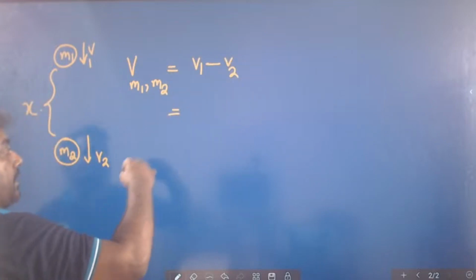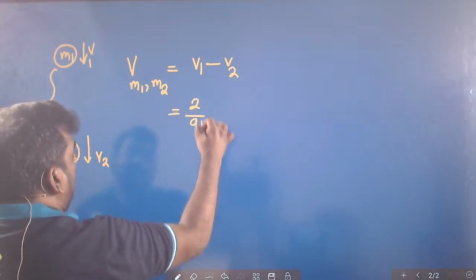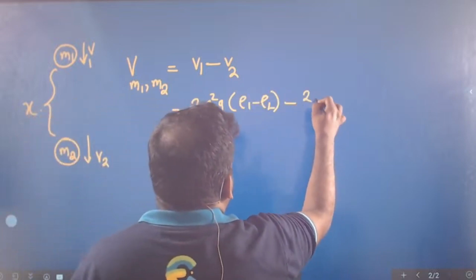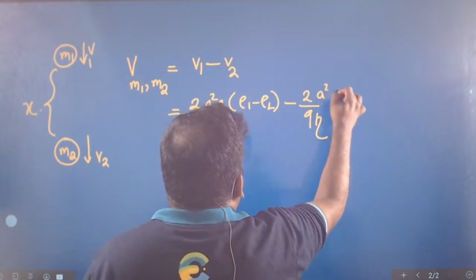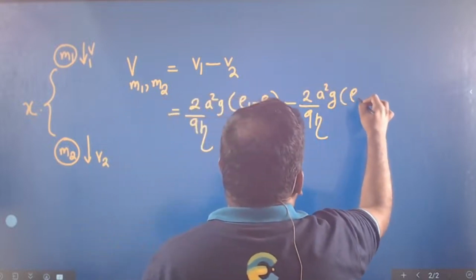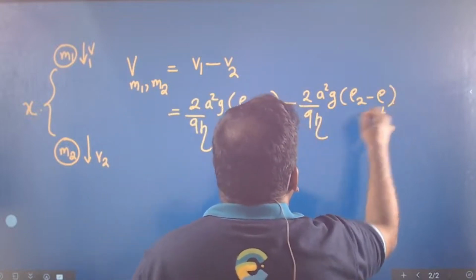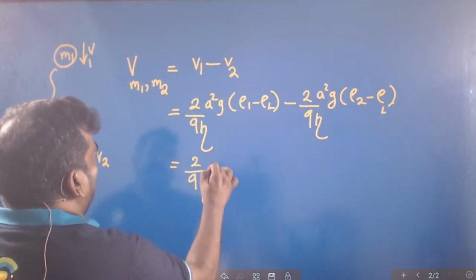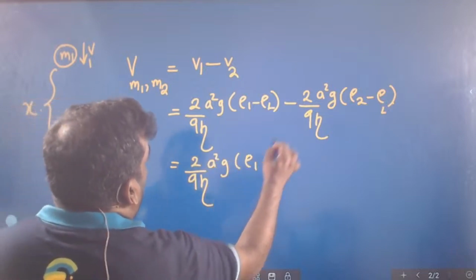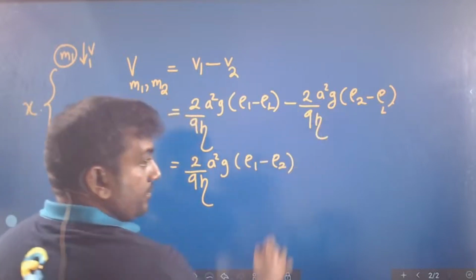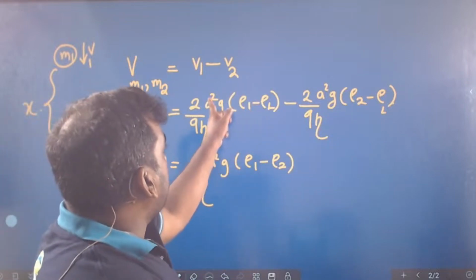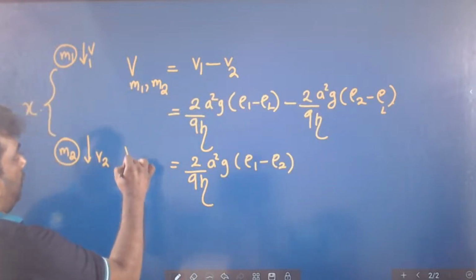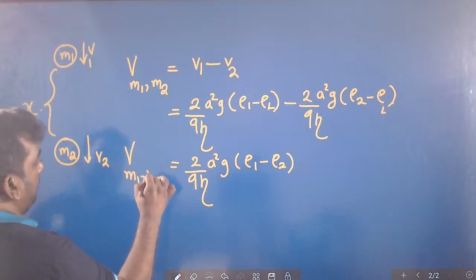V1 is 2 over 9 eta a square g rho 1 minus rho L, minus 2 over 9 eta a square g rho 2 minus rho L. If you carefully open brackets, you will get 2 over 9 eta a square g rho 1 minus rho 2, as minus rho L and plus rho L cancel.